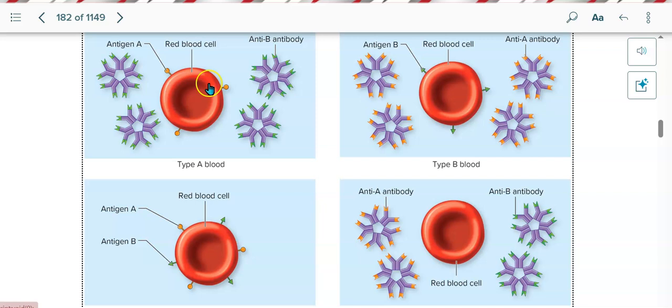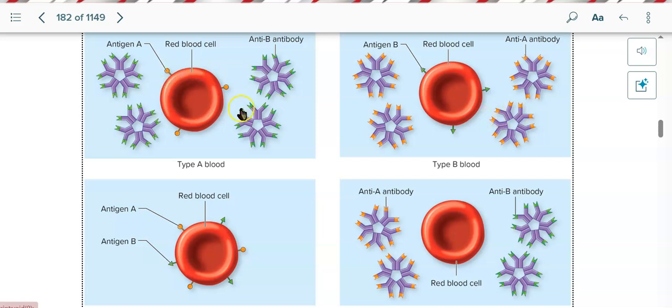If type A blood cells are put into your bloodstream, your antibodies will stick to those and stick to other red blood cells with type A antigens and glue them together.